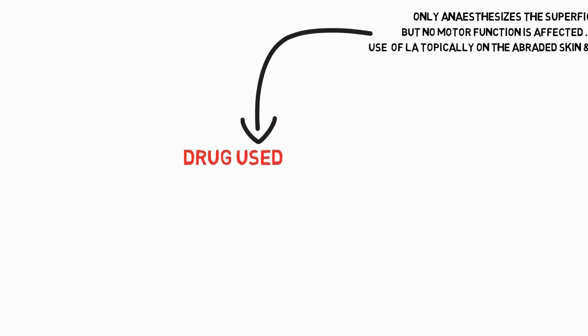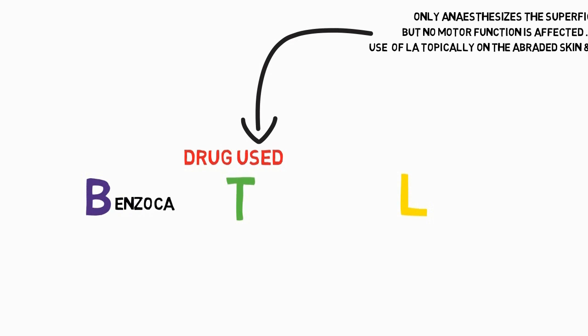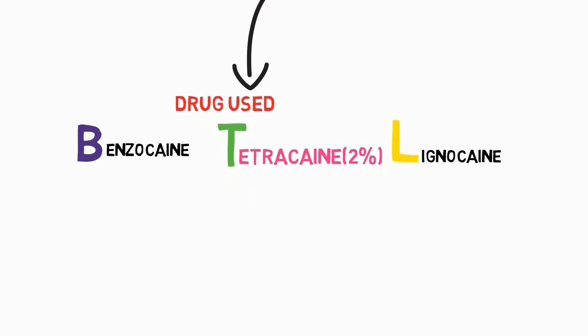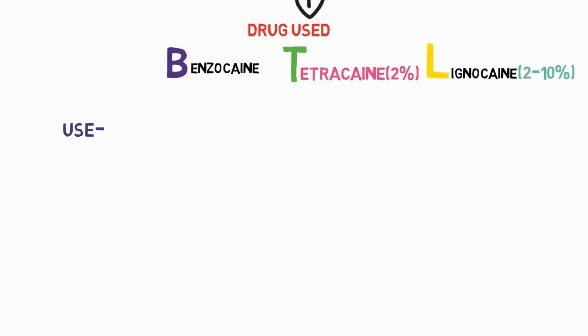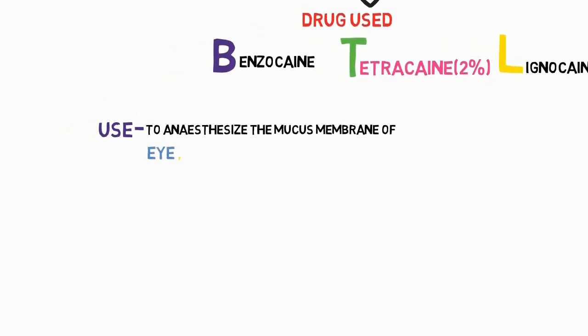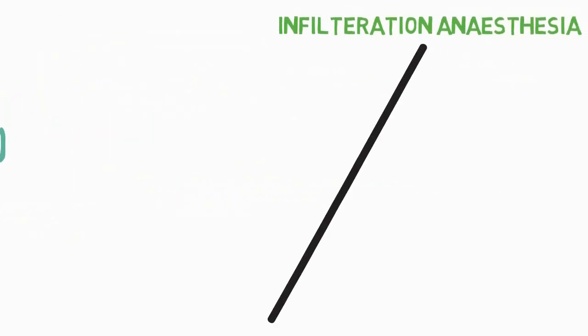Drugs used: benzocaine, tetracaine, and lignocaine. Uses: to anesthetize the mucous membrane of the eye, mouth, cornea, and upper respiratory tract. Infiltration anesthesia.